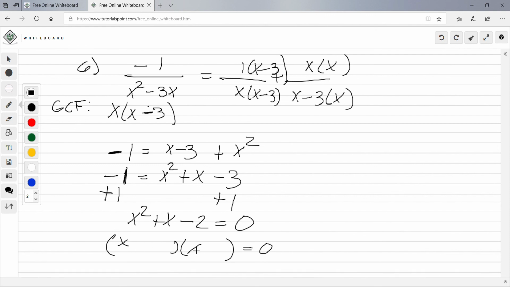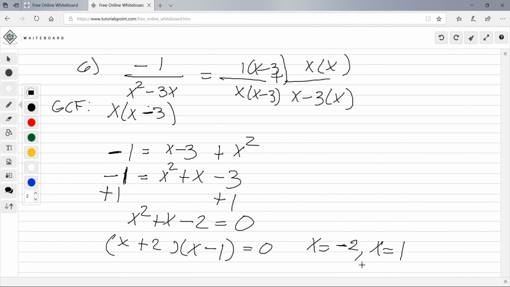So this is x, x, and then what two numbers multiply to give you -2, and when added, +1? Plus 2, and then -1. So x equals -2, and then x equals 1.